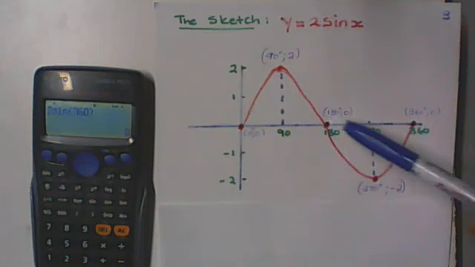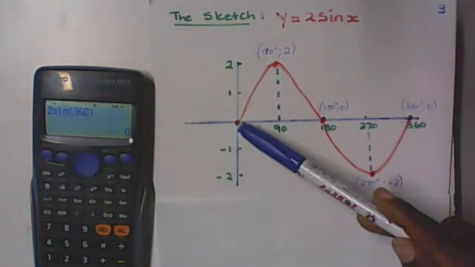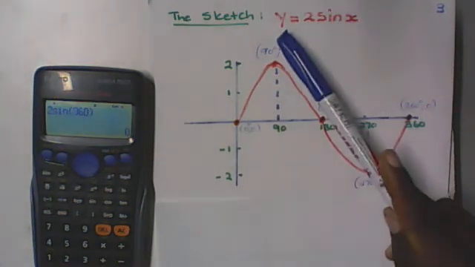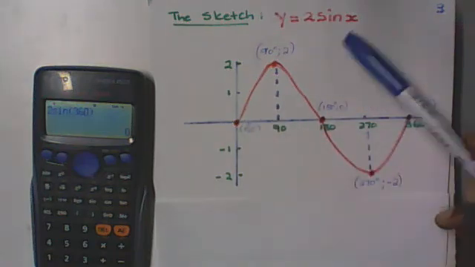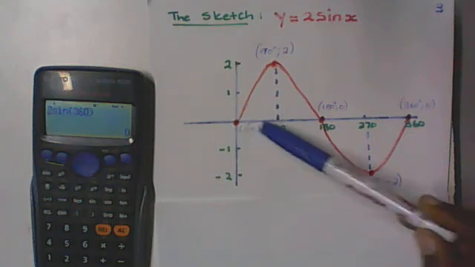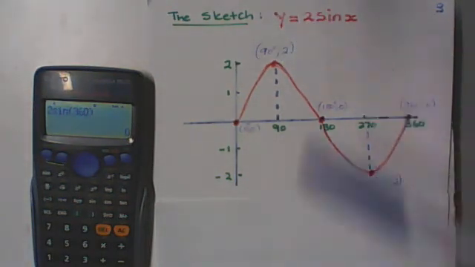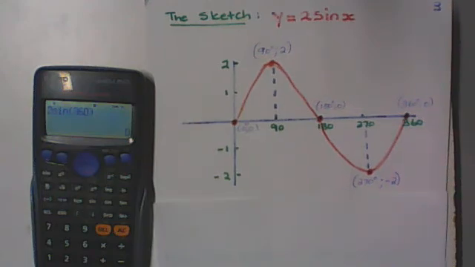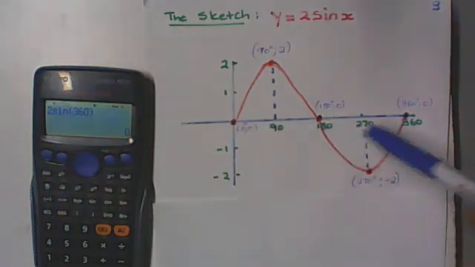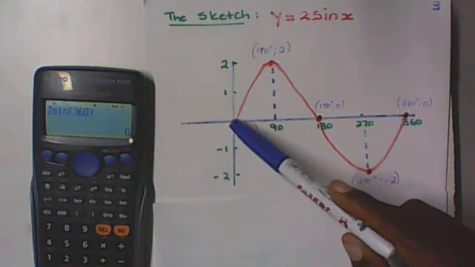These are the x-intercepts, and this is also the y-intercept. If you put x is 0, then you get that. For the x-intercepts, you change y to 0, just like you do in algebra, guys. So these are all the x-intercepts, and this is the only one y-intercept.